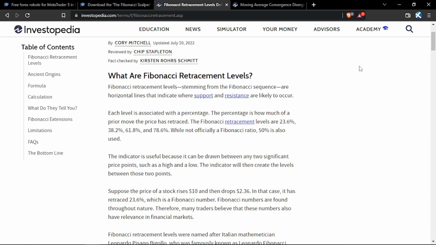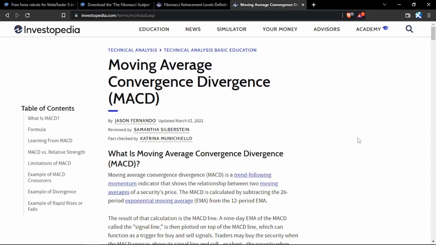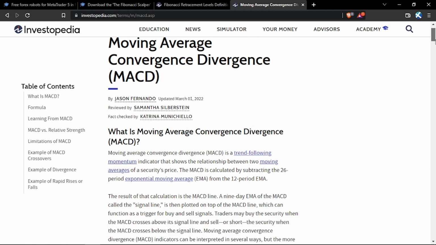So this indicator uses these levels as entries, and it combines it with the moving average convergence divergence to determine the trend. So what is the moving average convergence divergence, or MACD? The moving average convergence divergence is a trend following momentum indicator that shows the relationship between two moving averages.